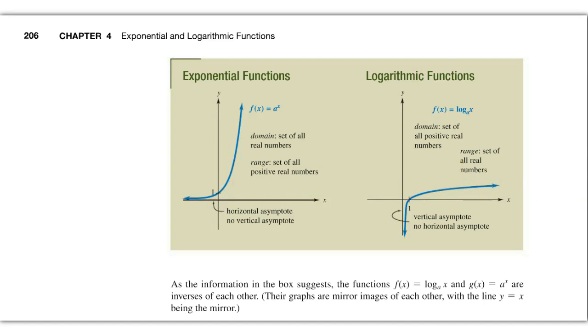And let's also mention this, that for this, remember the x-axis was the horizontal asymptote, and there was no vertical asymptote here. While for the logarithmic function, the y-axis is the vertical asymptote, and there is no horizontal asymptote. If you can even understand what I'm saying, that is a plus for your mastery at this time.